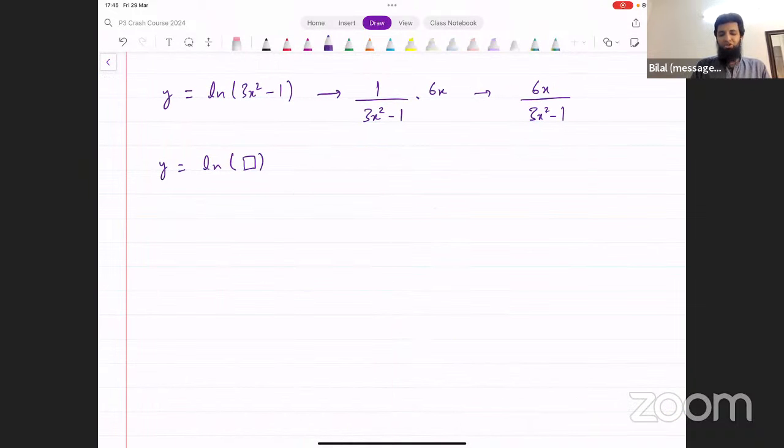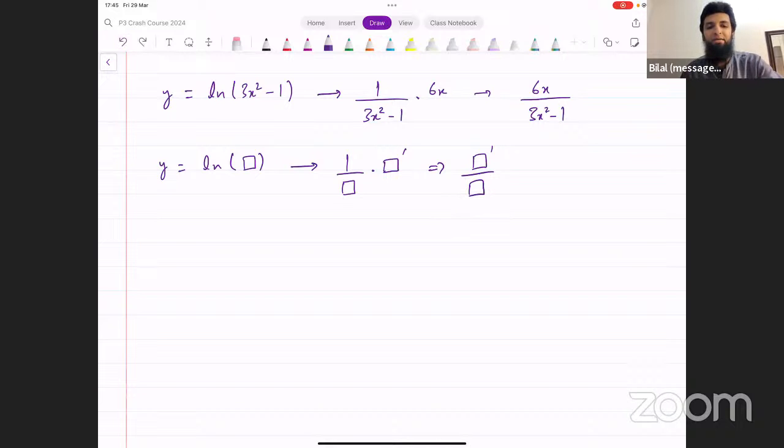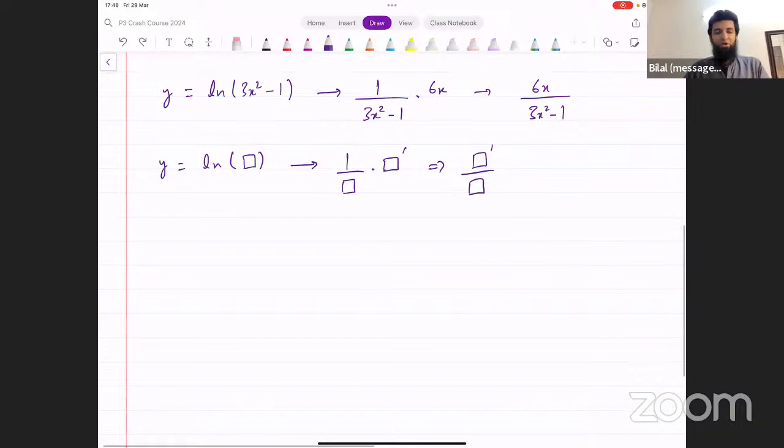But remember the general rule that we had for ln there, what was the rule? ln of something, the derivative of that was 1 over that thing, and then multiply by the derivative of that thing. And that used to give you something like this. That you had an expression in the denominator, and in the numerator, you had the derivative of that. All right. That's what used to work in differentiation.